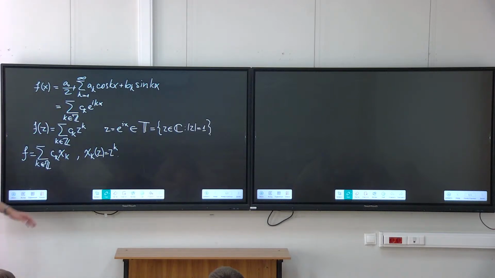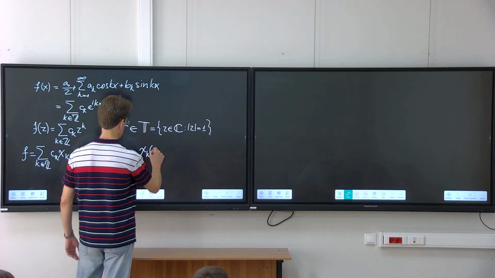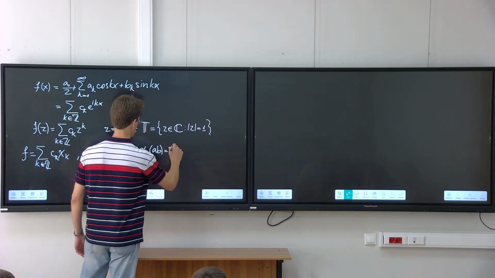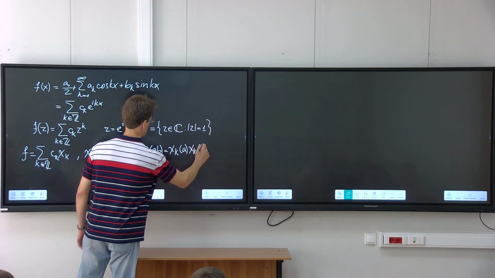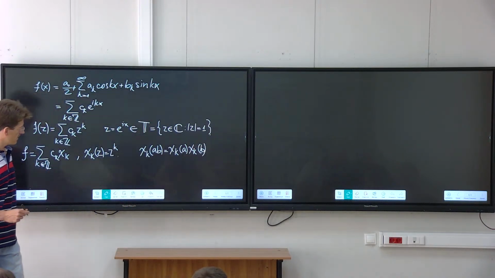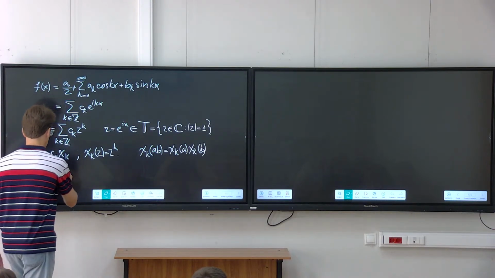And let's now observe that these functions chi_k have the following nice algebraic property. So in other words, these functions are group homomorphisms from the circle to itself.